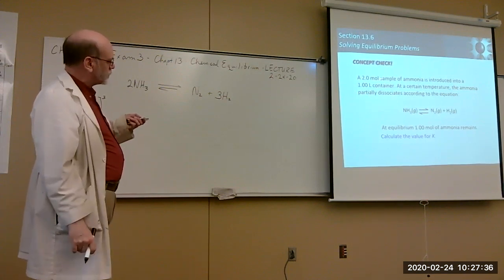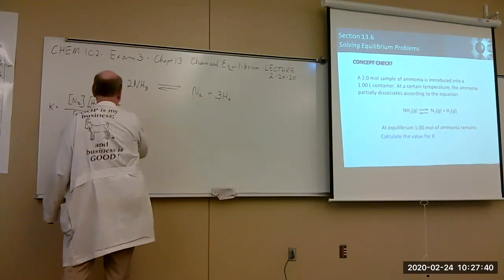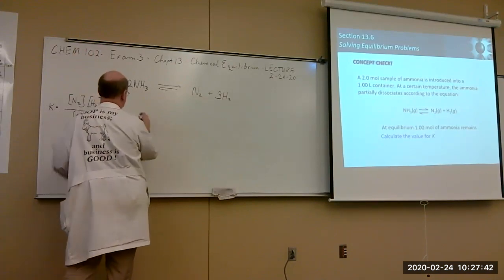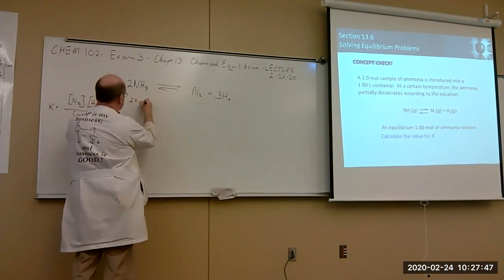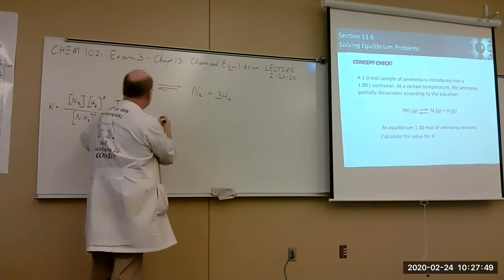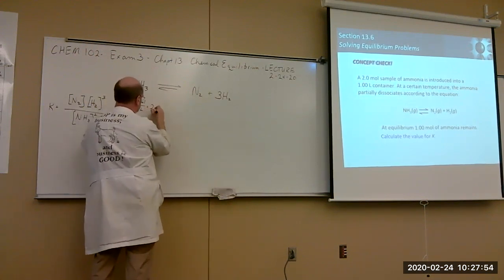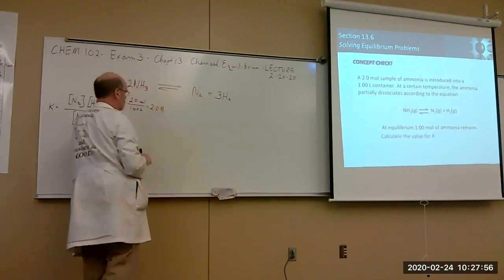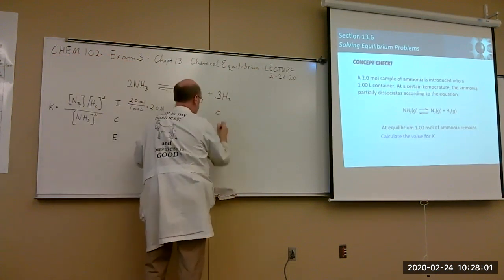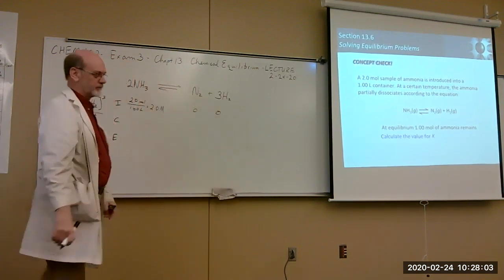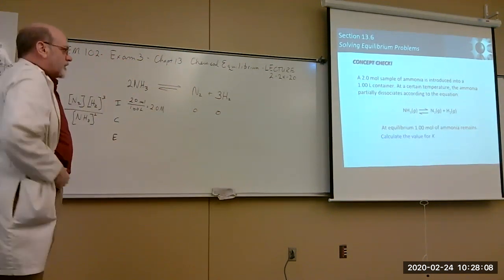So we start off with 2 moles of ammonia in 1 liter, which equals 2 molar. And that's where we start. And we don't have any of this, so we know the reaction is headed that way. At a certain temperature, the ammonia partially dissociates according to this equation.